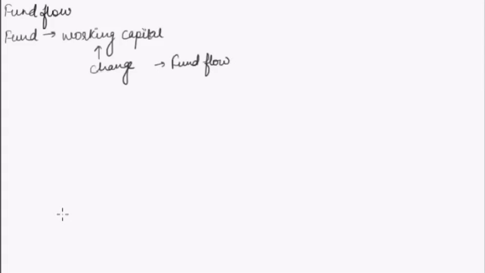Now the next thing which we have to understand is when this flow of fund takes place. The flow of fund takes place only when there is a transaction which is having impact on current asset or liability and non-current asset and liability simultaneously.